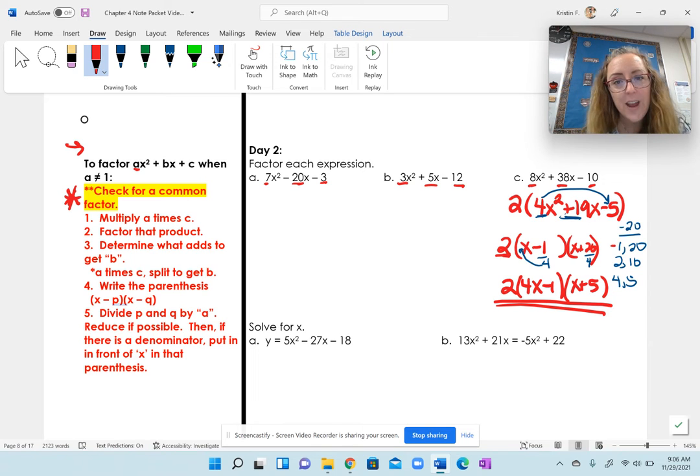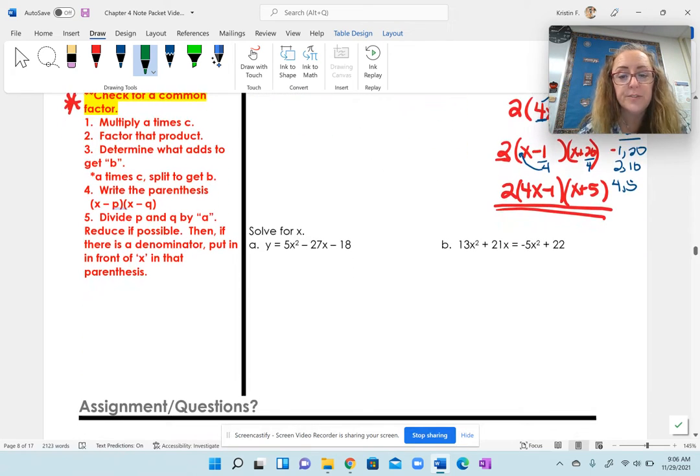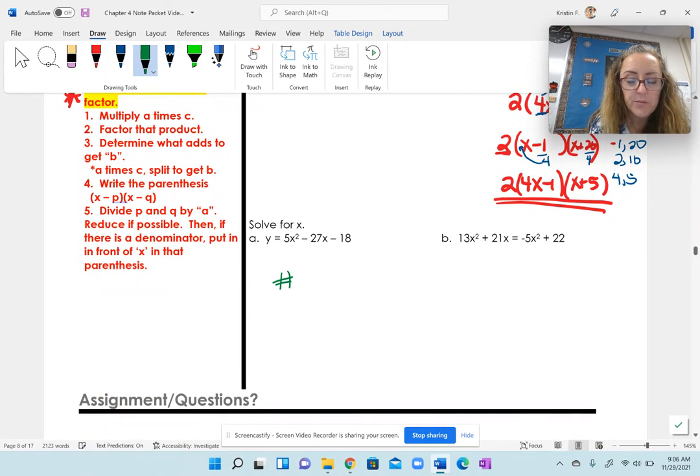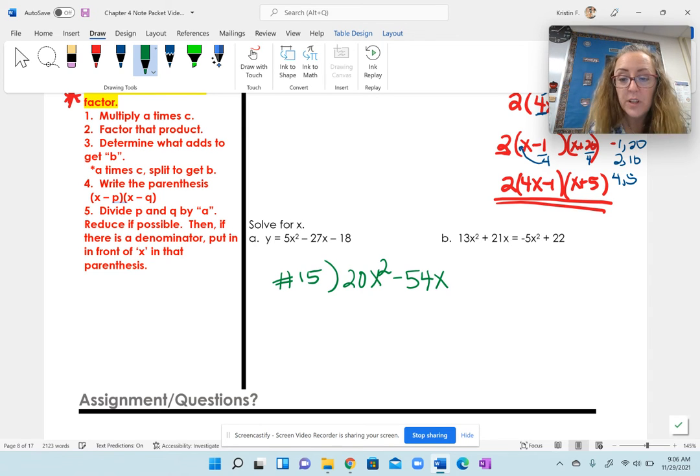Ultimately, everybody, that's where you want to get with this one. Again, if there's a number for A that isn't 1, see if you can factor a coefficient out of all three terms that they have in common. You'll see this again on your worksheet if you look at number 15. I noticed on number 15 as I was creating the answer key, 15 is 20x squared minus 54x plus 36. We have some big coefficients here, very similar to example C in our notes.